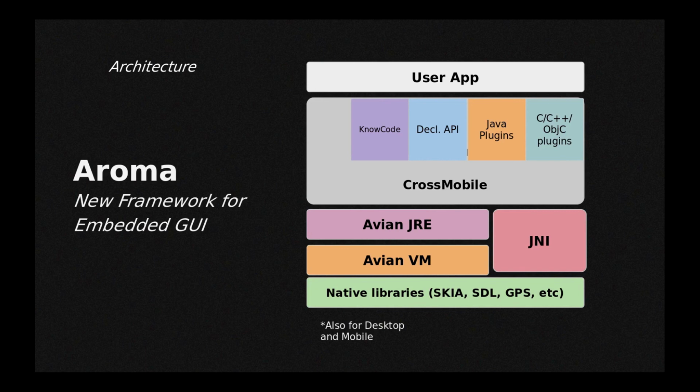On the SDK side, we have cross-mobile technology here as the dominant technology, with some previous technologies and a new declarative API to make development easier for application developers, with some other Java plugins and native plugins too, and the whole system will run on the JRE, VM, and JNI.